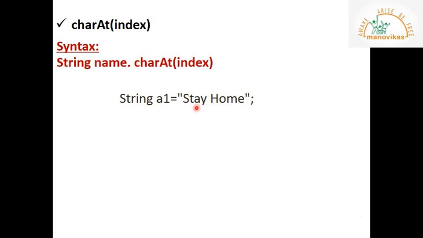So let's say A1 dot charAt 6 here. Now charAt 6 will display the answer as O. How is it? Because the index starts from 0: 0, 1, 2, 3, 4, 5 and 6. So the character at the 6th index is O.